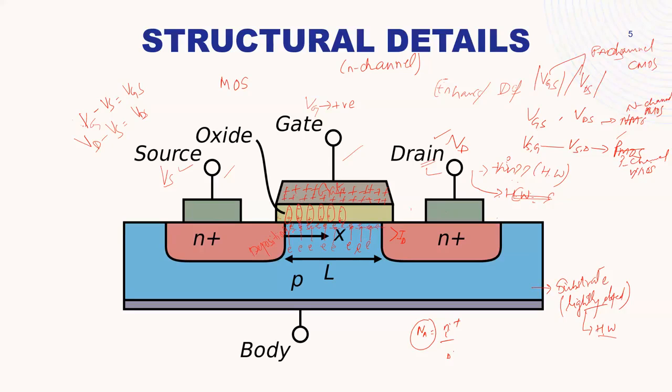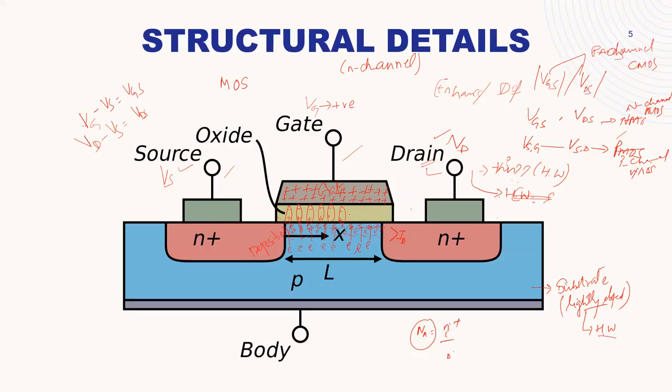Everybody able to understand how channel formation takes place? You keep on reading books, but this is the way you should understand how MOSFET starts behaving in the conduction region. So VGS starts becoming positive, the gate polarity, since it's a metal, will be positive.